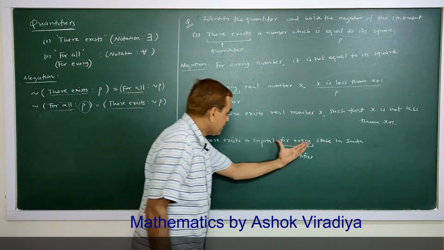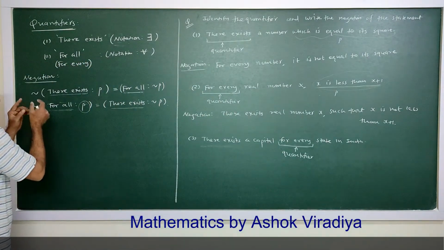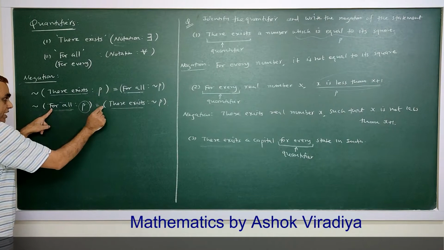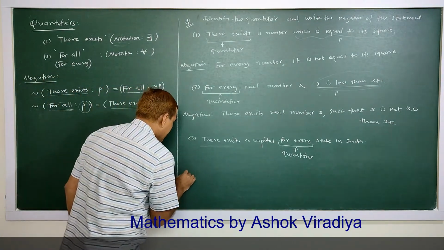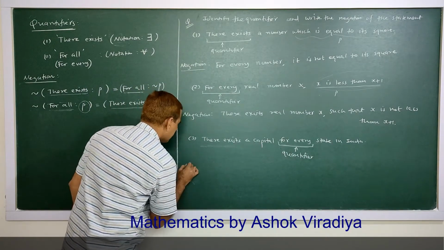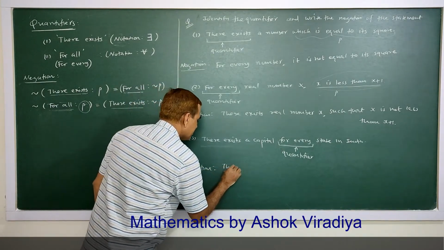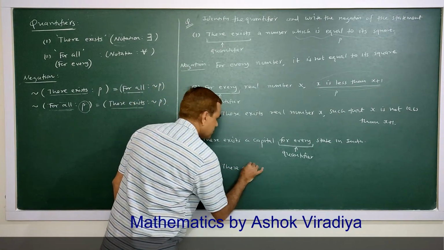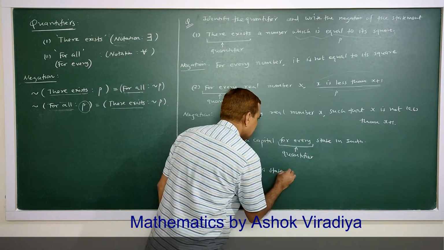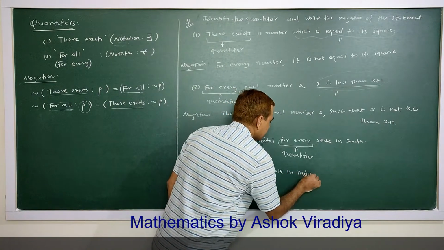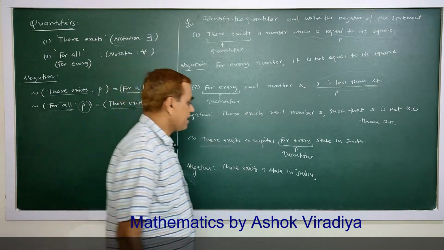Now here the quantifier is "for every". When a statement begins from "for every", putting its negation, we begin from "there exists". So there exists a state in India which does not have a capital.